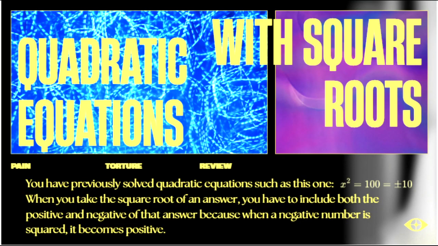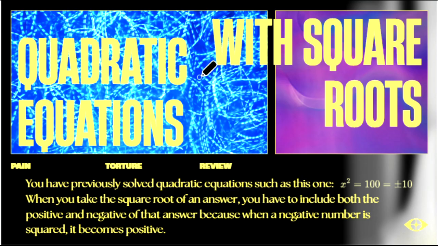Quadratic equations with square roots. You have previously solved quadratic equations such as x squared equals 100. If you solve that, you have to take the square roots of both sides, and you have plus or minus 10. When you take the square root of an answer, you have to include both the positive and negative of that answer, because when a negative number is squared, it becomes positive.